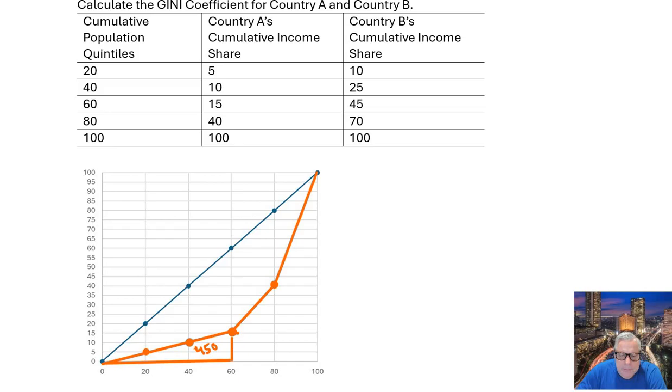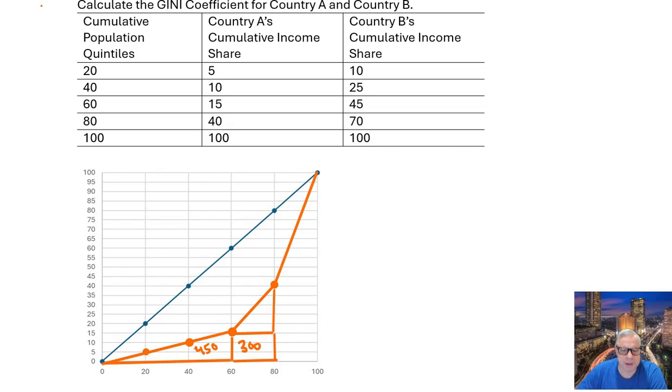Now we have a rectangle. This is 20 times 15, so this is 300. Then we have another triangle, and that's 20 times the distance from 15 to 40, that's 25.